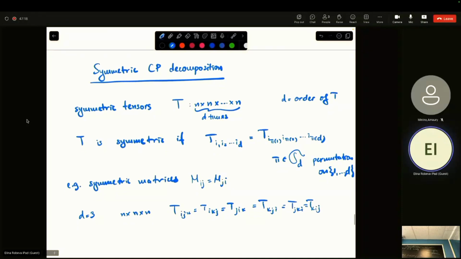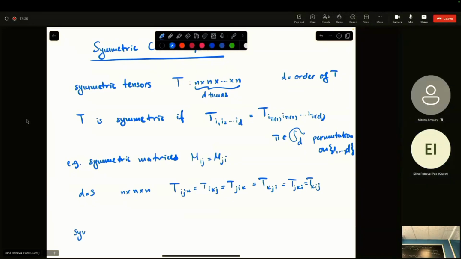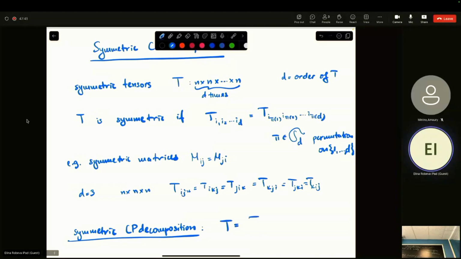Anyways, so now you can, of course, find the CP decomposition of a symmetric tensor. But because it's symmetric, you could also ask for its symmetric CP decomposition. And what is that? Well, you again write it as a sum, i from 1 to r, with some coefficient lambda_i, which is just a number, times a_i tensored with itself D times.